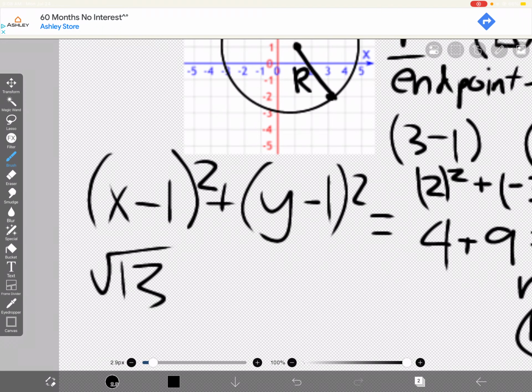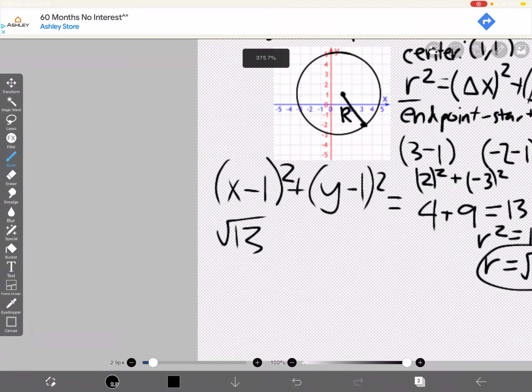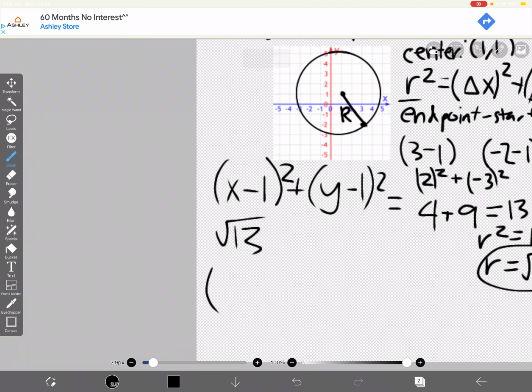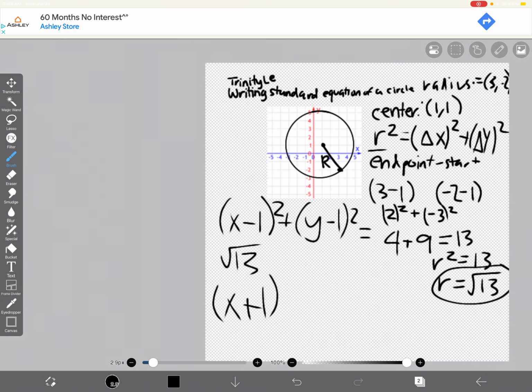And a way to simplify this is by adding it. So it would be x plus 1. How you make the standard equation is basically you put the two centers, so x first, and then y after.